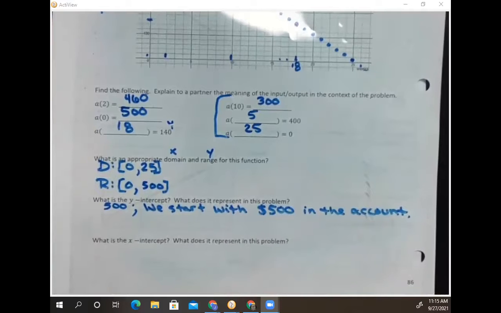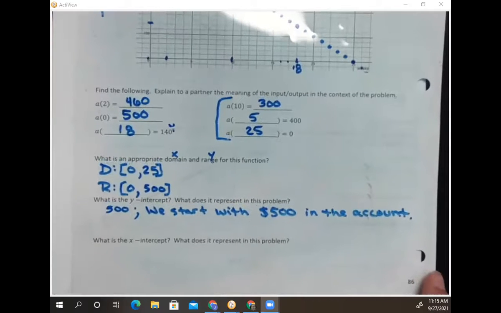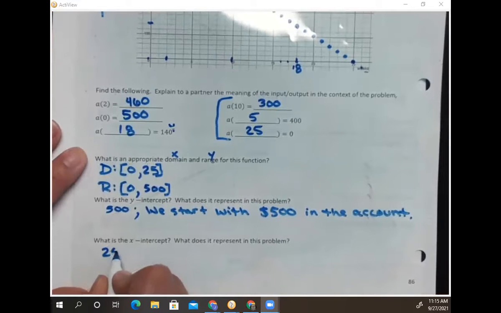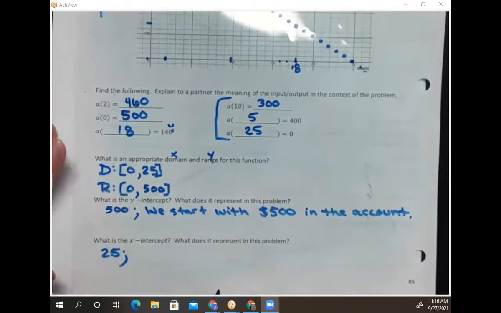And then how about the x-intercept? What's the x-intercept for this function? 25. 25 is our x-intercept. What does 25 mean? What does that x-intercept mean, I guess I should say. Yeah, at 25 weeks, I've withdrawn all the money.